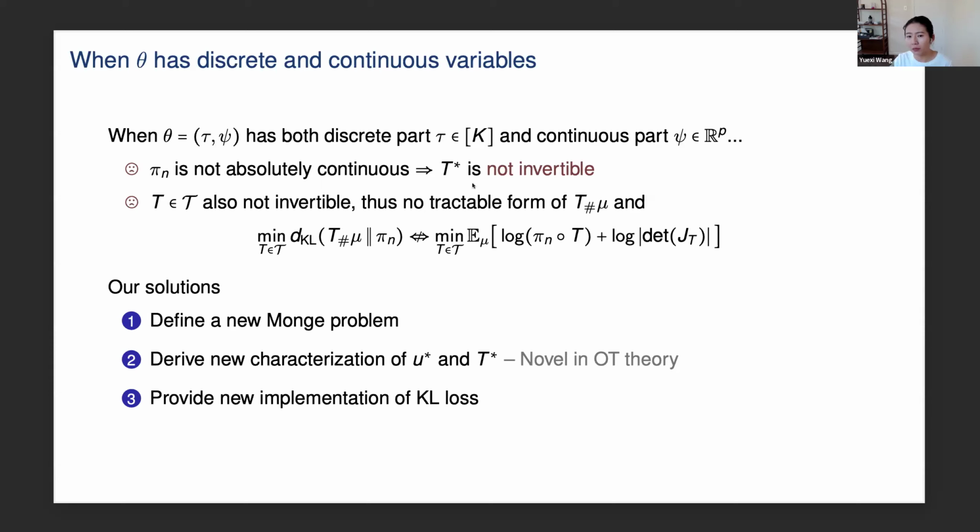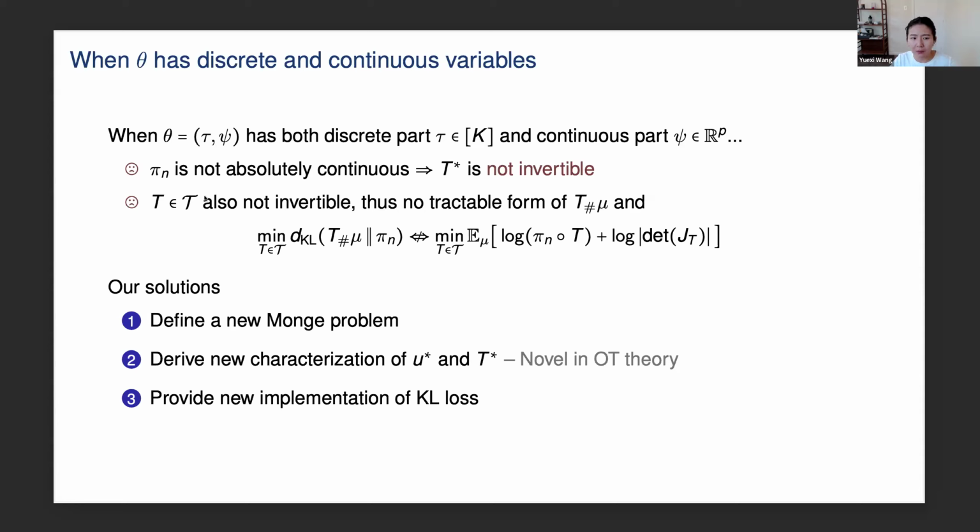Your optimal transport map will not be invertible. Another consequence is that since the pre-specified transport class will also not be invertible, you are not looking at the gradient of a strongly convex function, but just the gradient of convex functions.